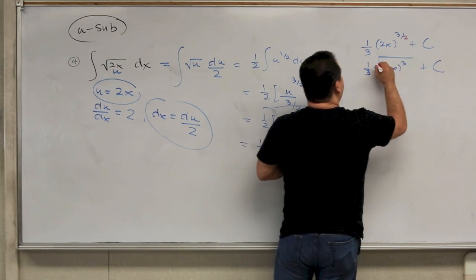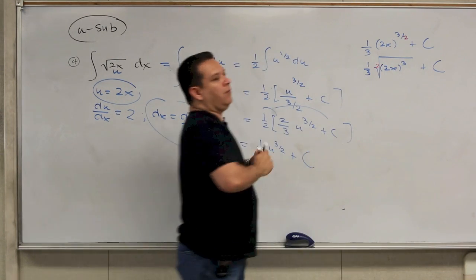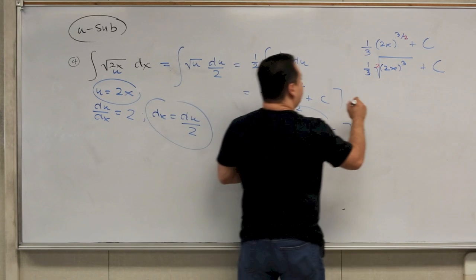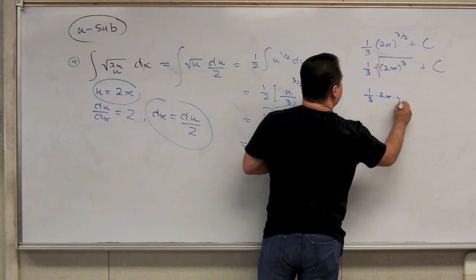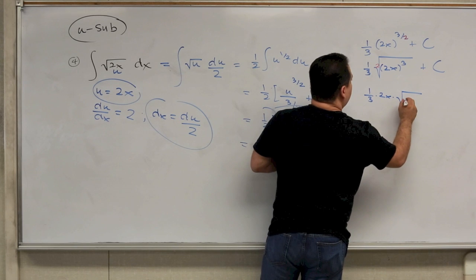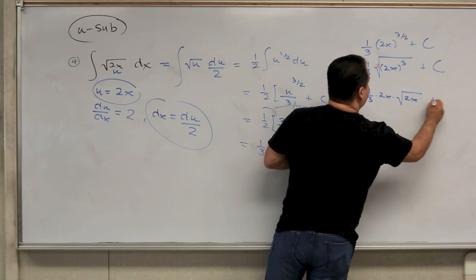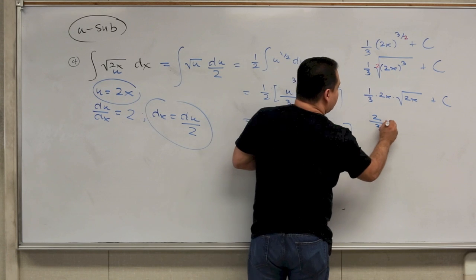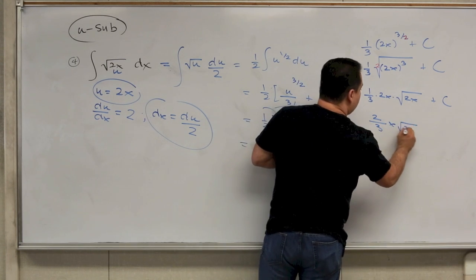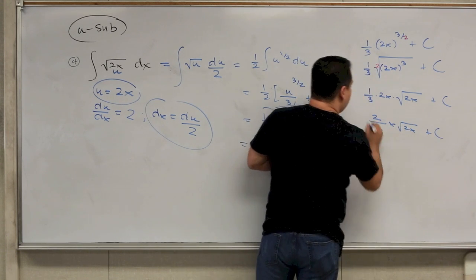You see that 2 and that 2, right? What do you think happens now? You get 1/3 times 2x times square root of 2x plus c. And so if you're looking back at the book, you might see 2/3 x square root 2x plus c.